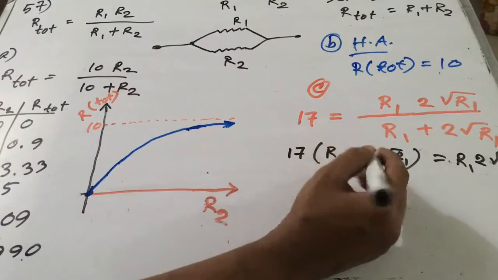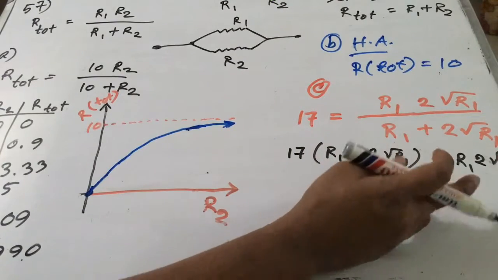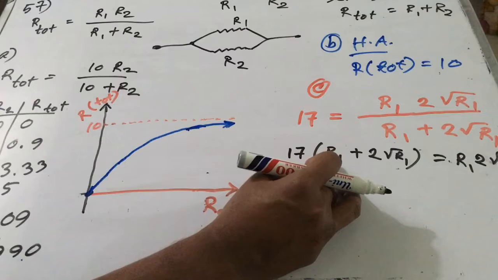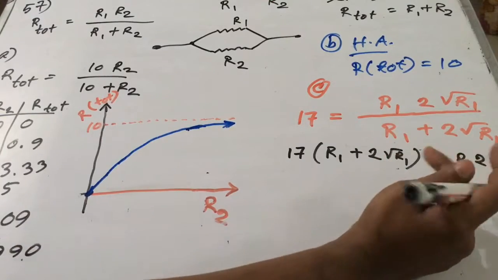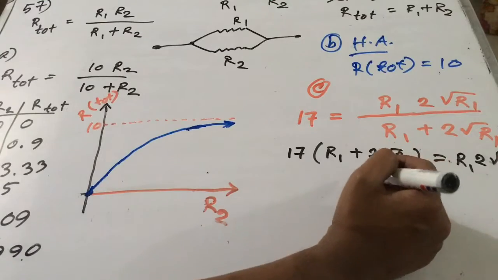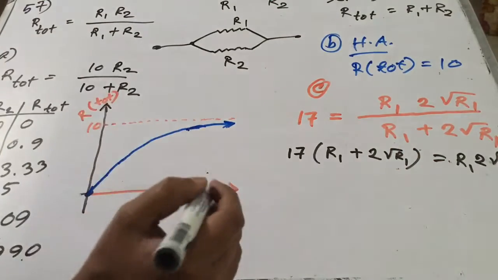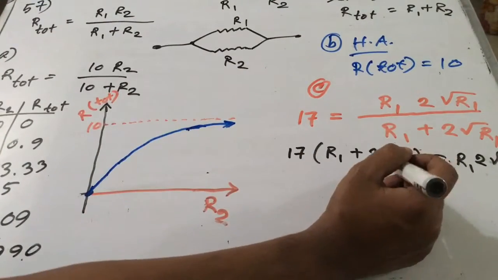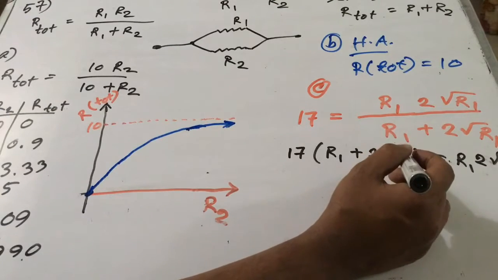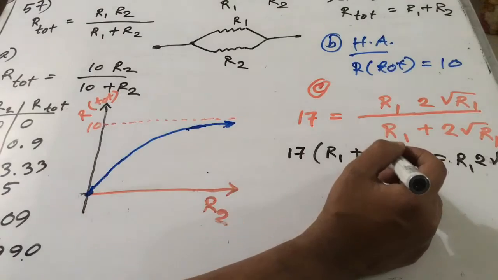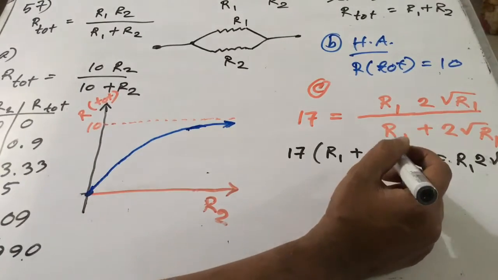To solve this, it is only one variable. Suppose this is x, this is root x, then multiply them and do the simplification. Let me tell you the technique for this math: you have to consider this root R1 as some other variable like x, y, z.